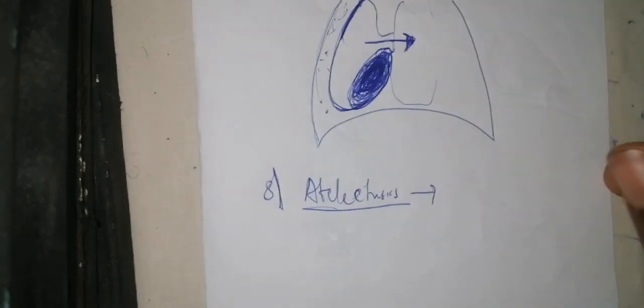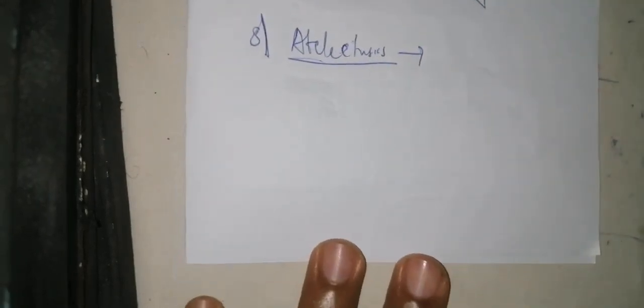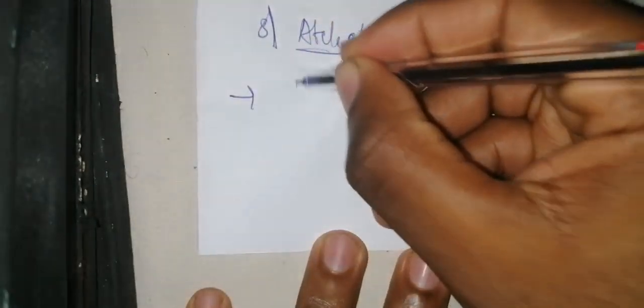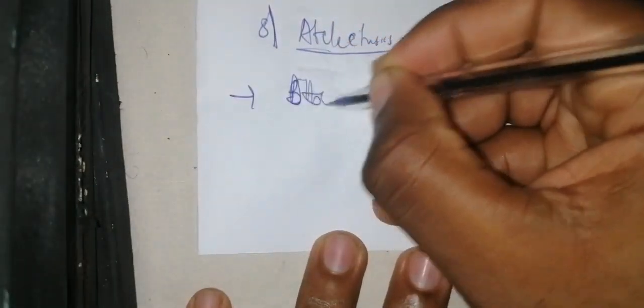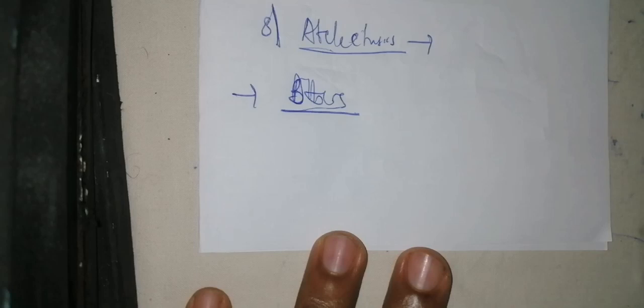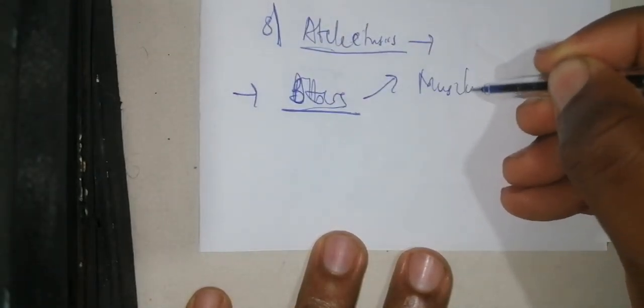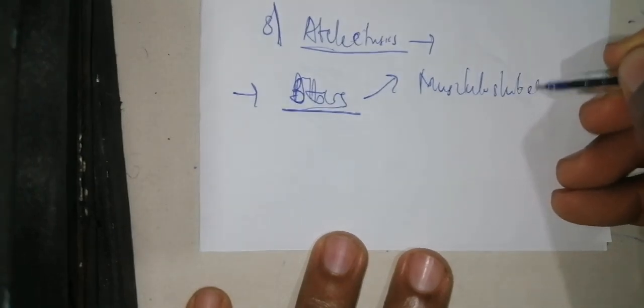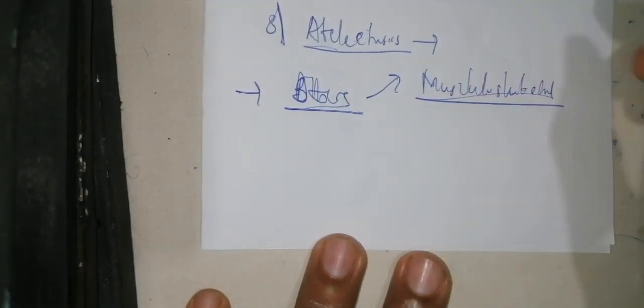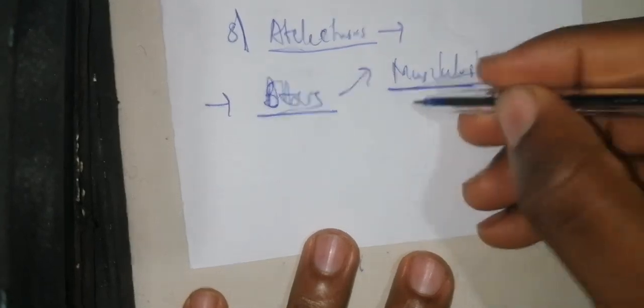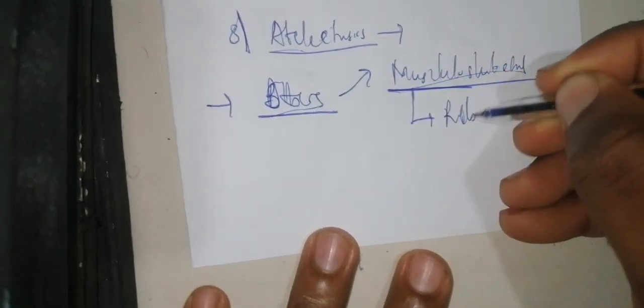So the last point that you have to know on X-ray is when you have to speak about the other structures of the X-ray. And the other structures are particularly the musculoskeletal region. In the musculoskeletal region, you have to speak about the ribs.